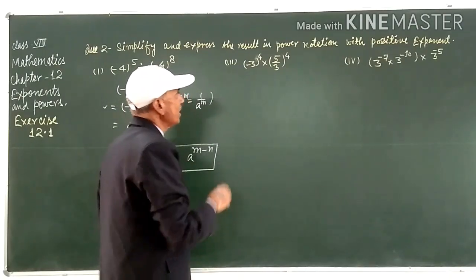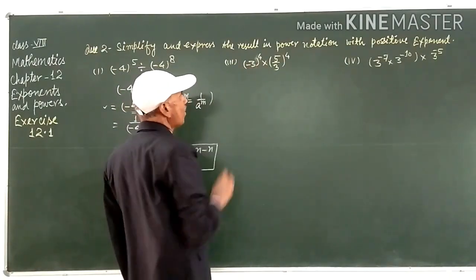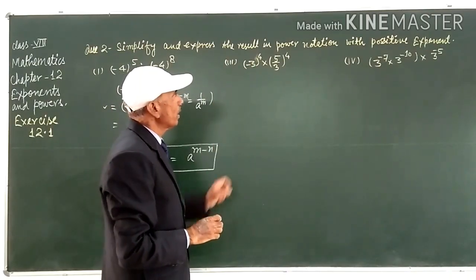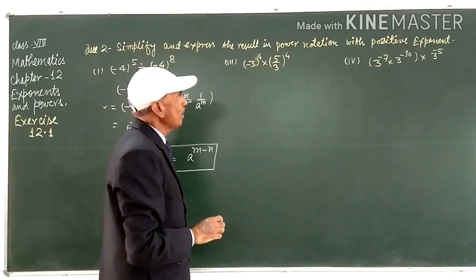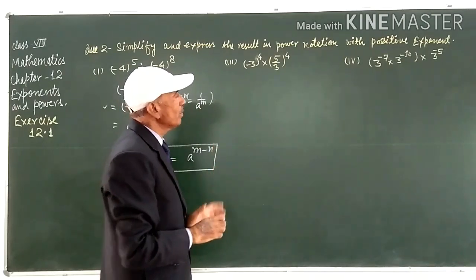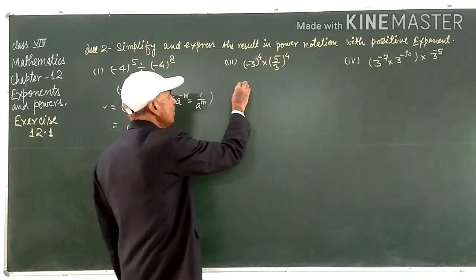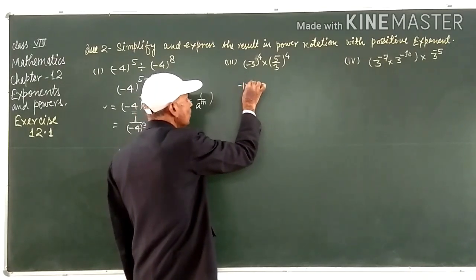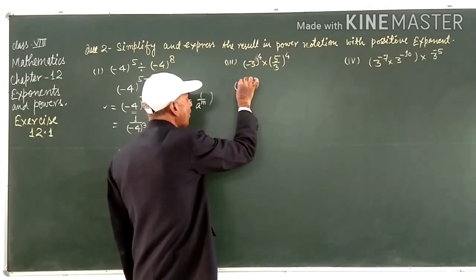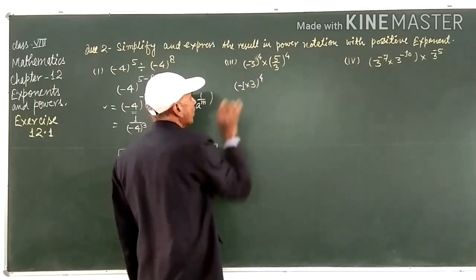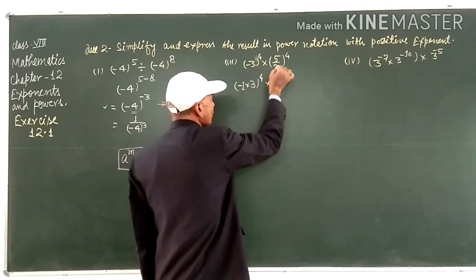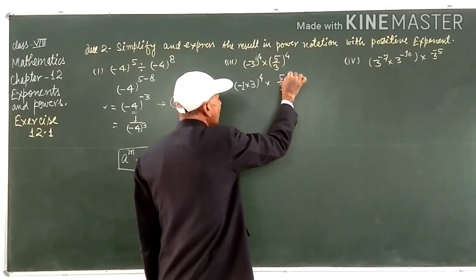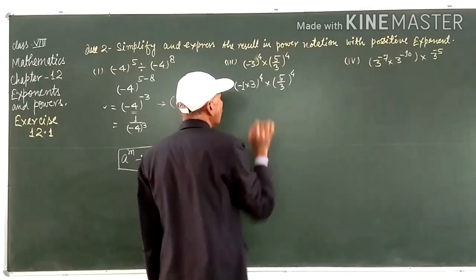Now this is the second part of the question, third part of the question students, not second part. And in this there is (-3) to the power 4 into (5 by 3) raised to the power 4. So first of all we have to write it as (-1) into 3 to the power 4 into this one (5 by 3) to the power 4.